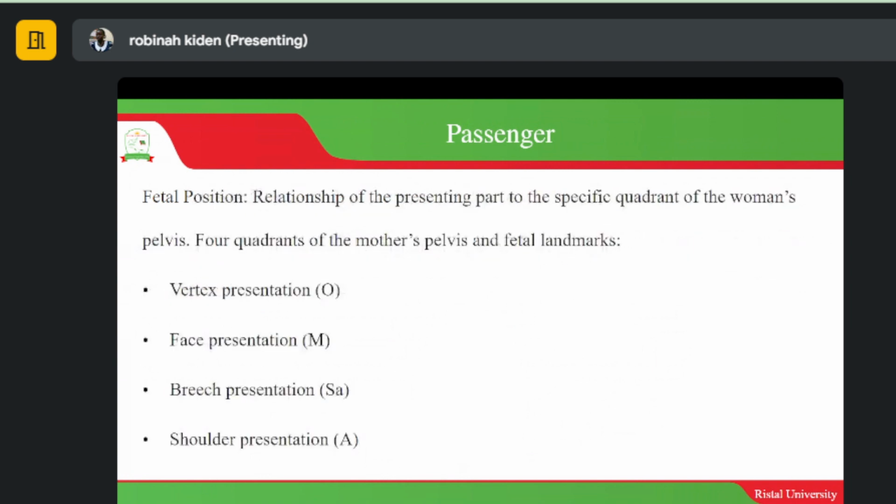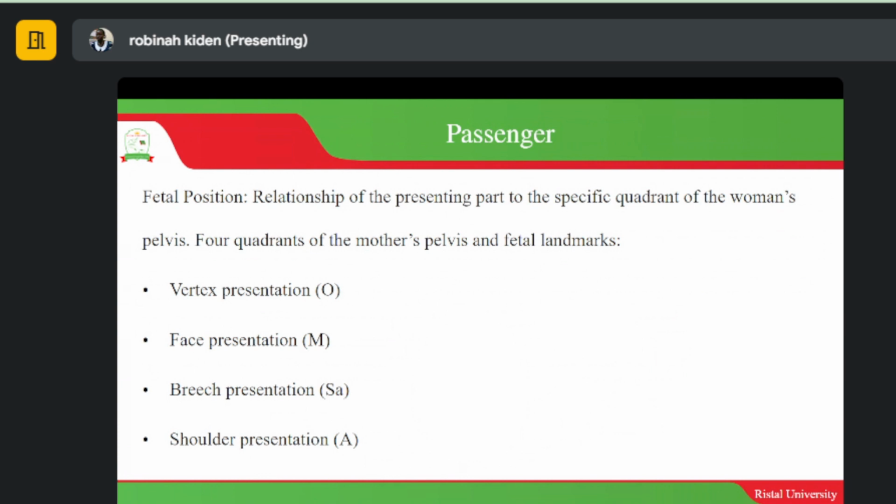So the vertex presentation is the one that is ideal for vaginal delivery. Then the others, they need to be delivered by cesarean section.